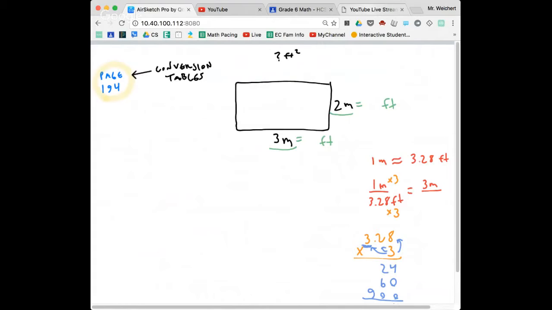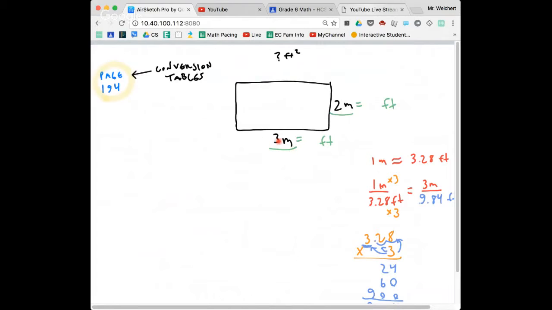I've got 4 ones and 4 hundredths, 8 tenths, and 9 ones. And again, there's 2 decimal places. So here we know that 9.84 feet is to every 3 meters.